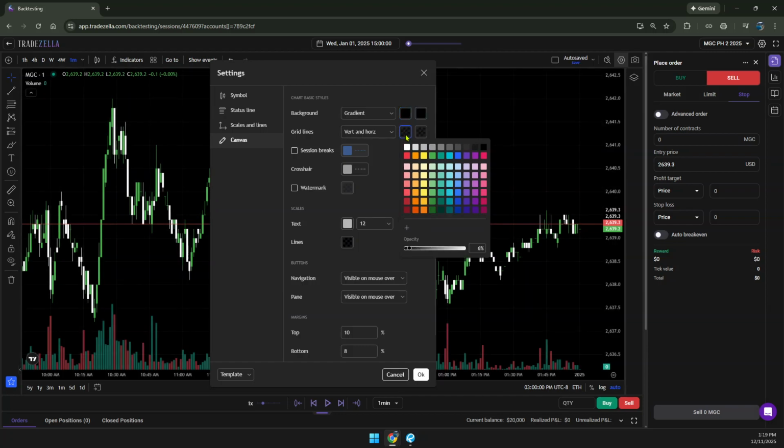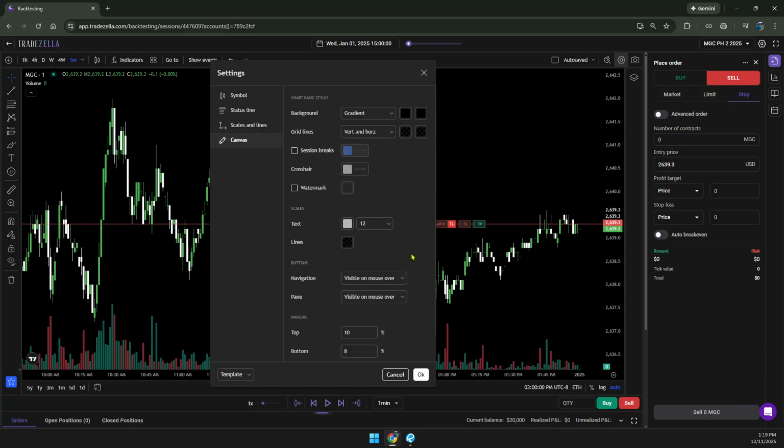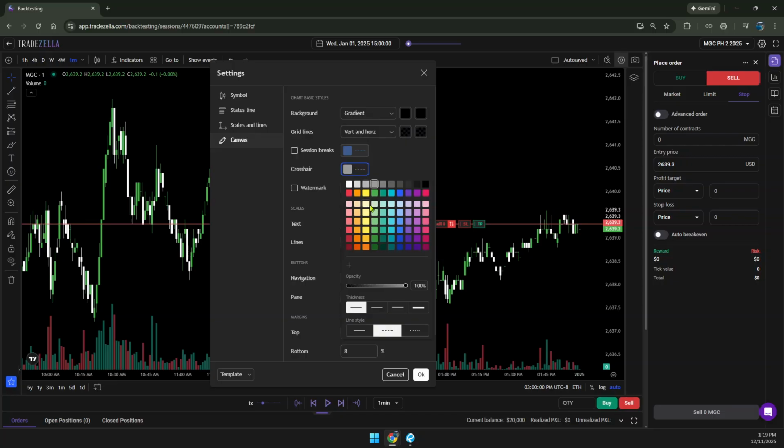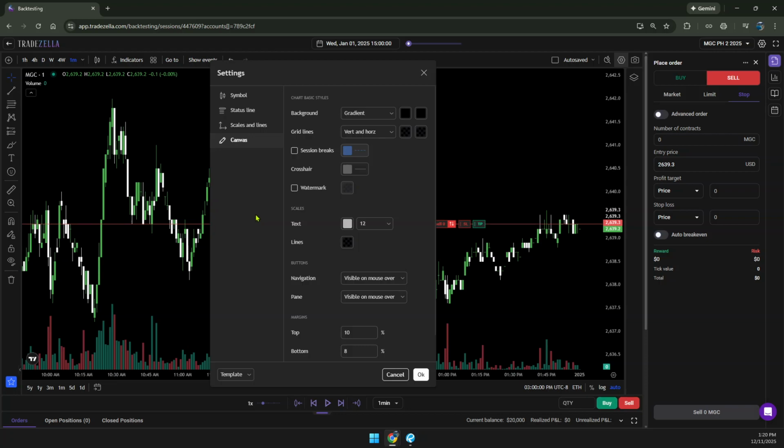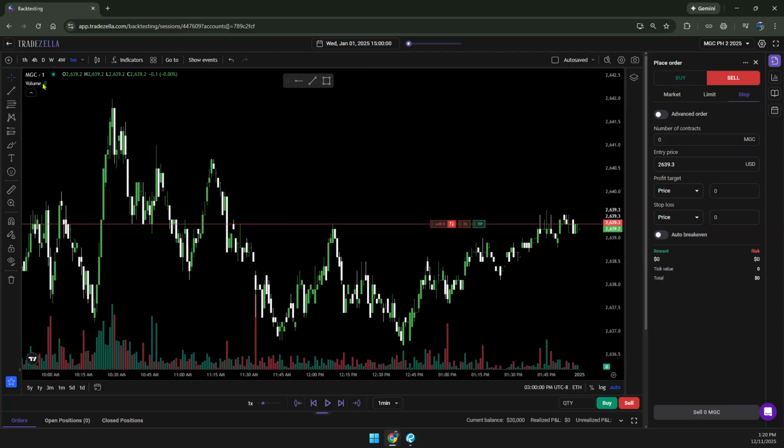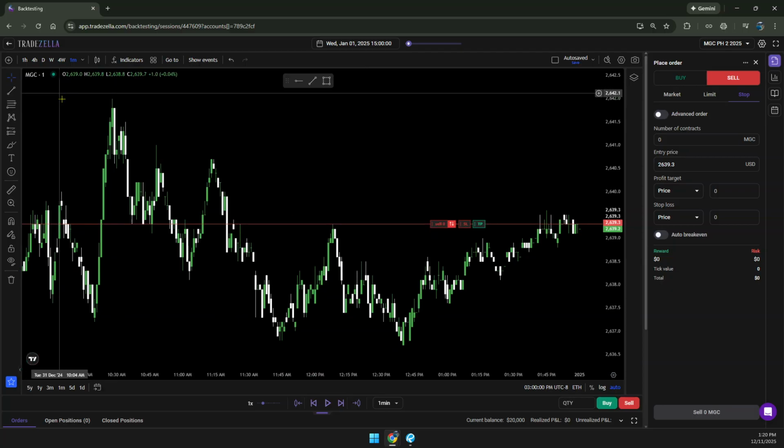My lines are kind of a light gray, but I think I've been turning them off. So that's pretty much it. Oh, my crosshairs are gray as well and not dashed. I think that's it. And then come up here. I do not use volume, so we'll kill that.